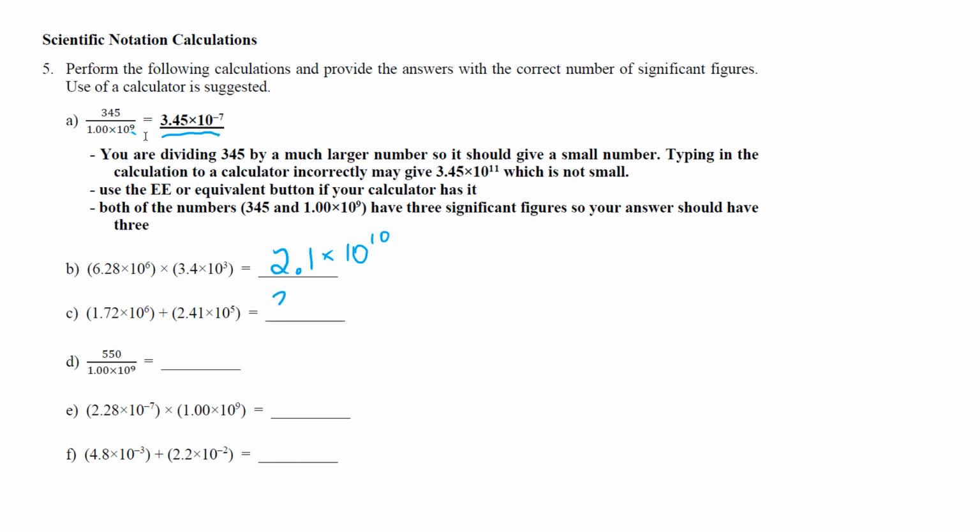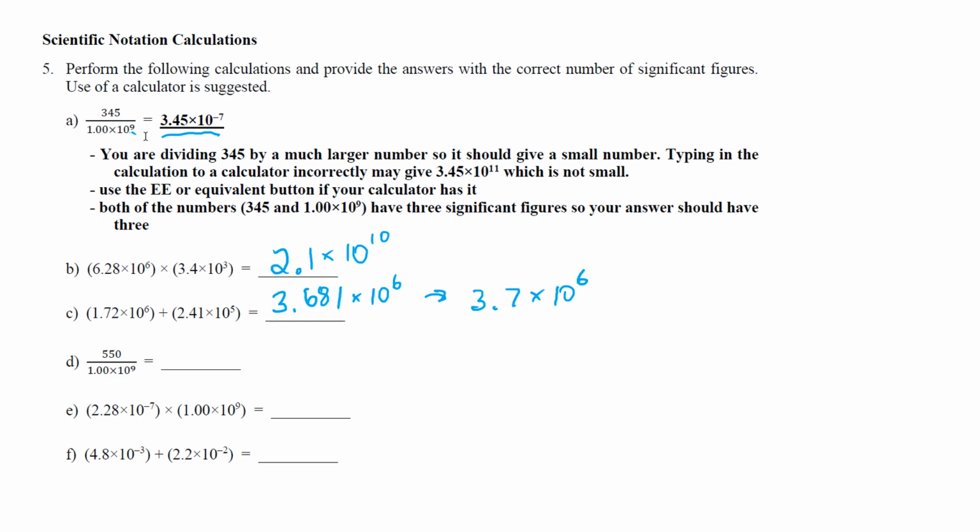I get 3.681 times 10 to the 6th. Right? Now, because I am doing addition, we go ahead and keep the 2 decimal places, so this becomes 3.7 times 10 to the 6th.